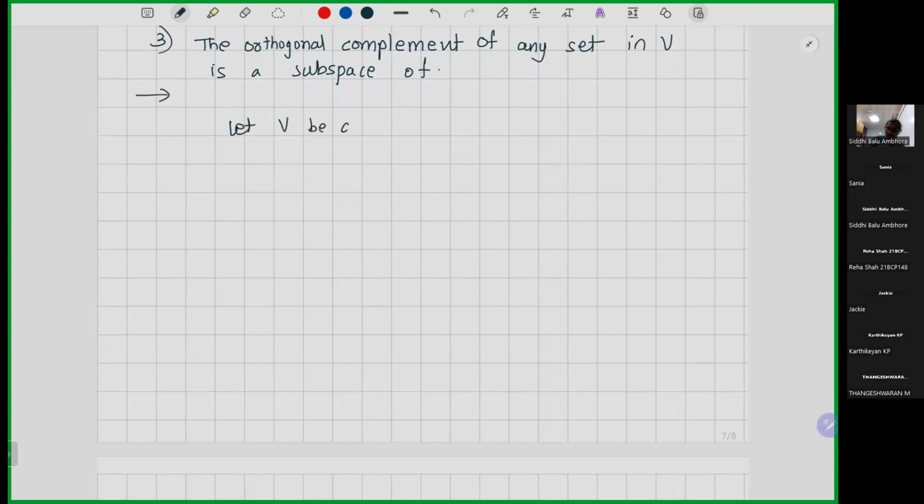So let V be an inner product space. The definition in the notes is given for any W, a subspace. But the definition actually does not need any subspace property of W, so we can very well take W to be a set.